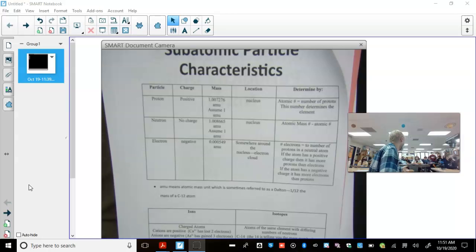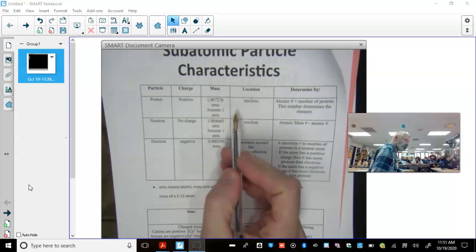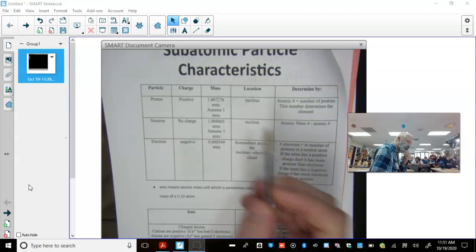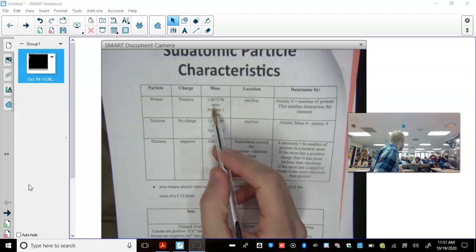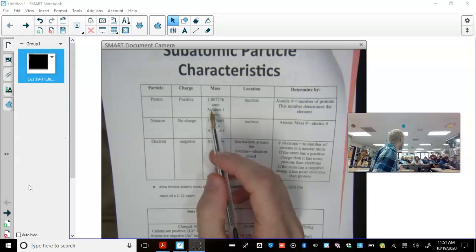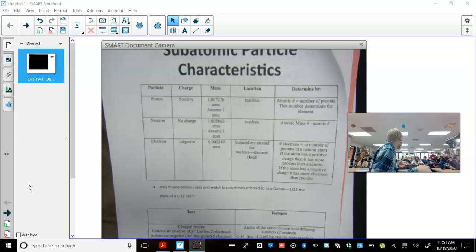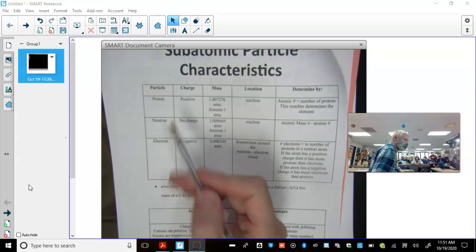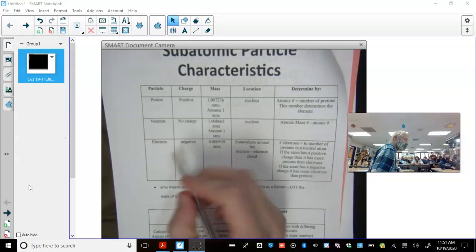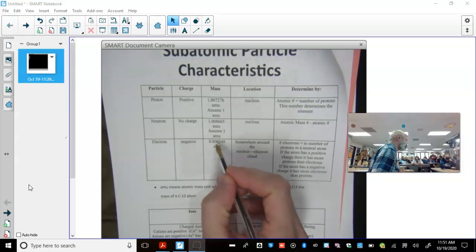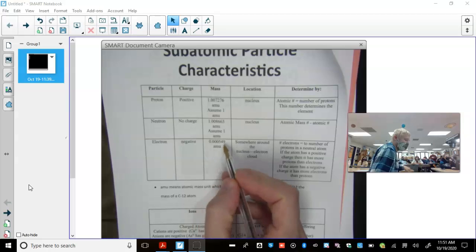And they created a new system because the real number is super small, and it's inconvenient to have to write that all the time. So they said, oh, 1 AMU approximately is the mass of a proton. Same with the neutron. Electron is basically 0 AMU, but it does have mass. It's a small amount.